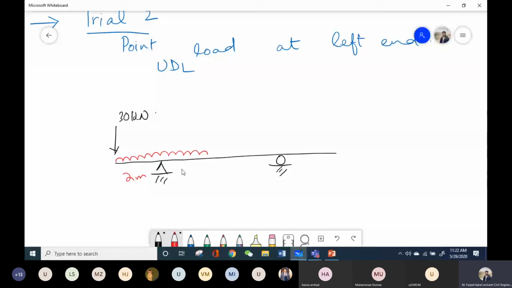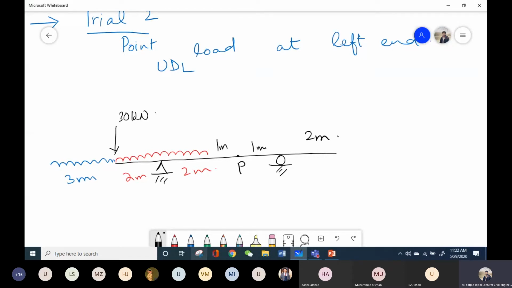And this 3 meter portion of UDL is outside my beam. Okay. And this is my point P. This distance is 1 meter. This distance is also 1 meter. And this is 2 meter.